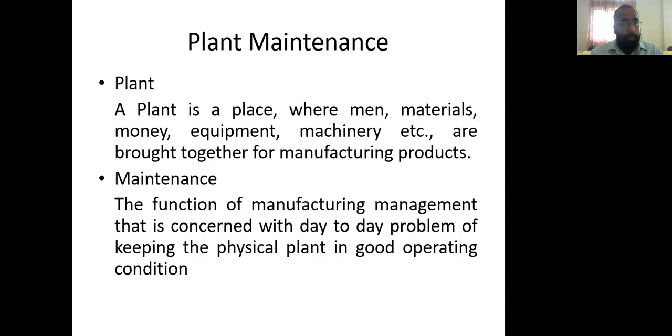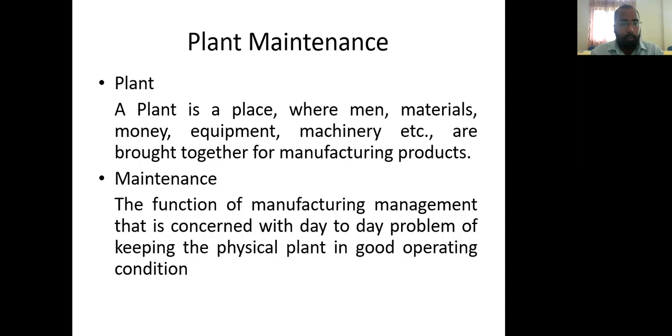That is called plant. Plant is a place or organization or any kind of firm where all types of resources, meaning men, material, money, machine, equipment, etc., come together to produce or do a certain type of operation.